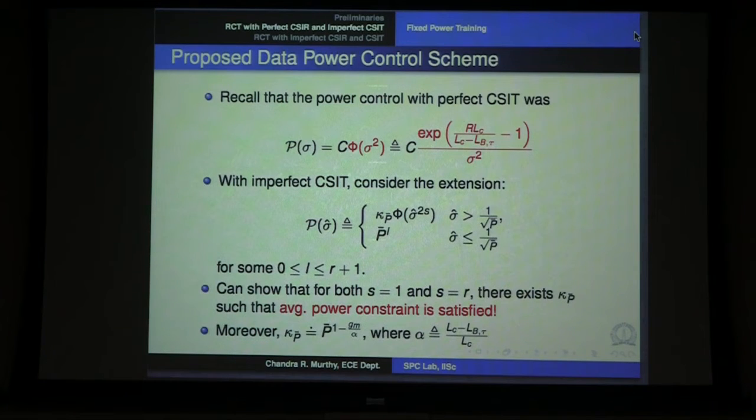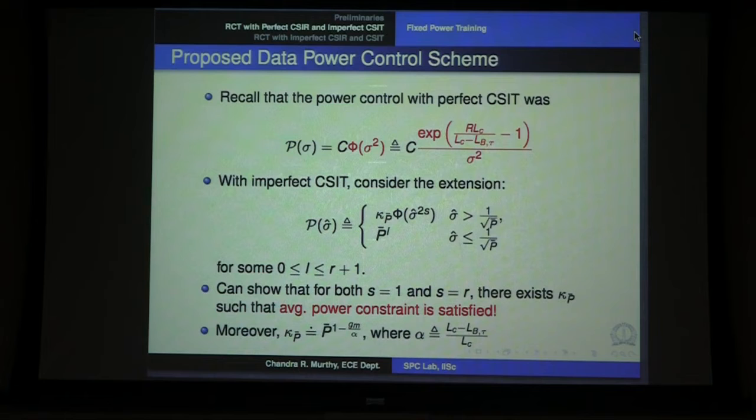Basically, the tricky part here is that for the given channel estimation procedure and the given power control scheme, we want to carefully work out what the outage probability is, and work out the outage probability to multiplexing gain trade-off performance.